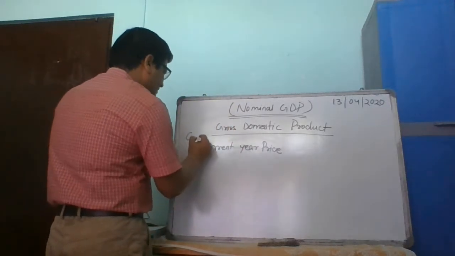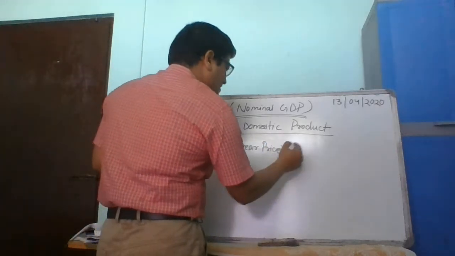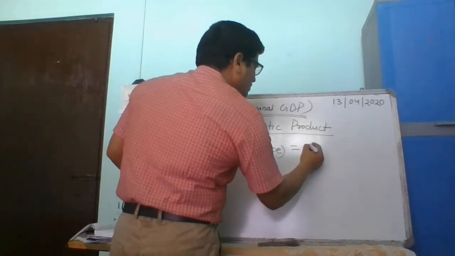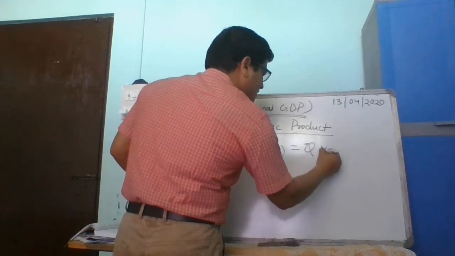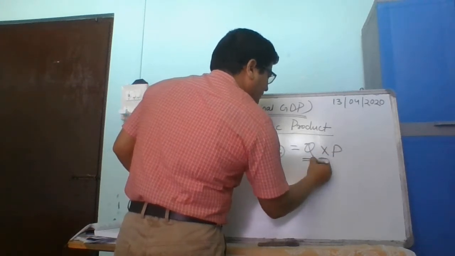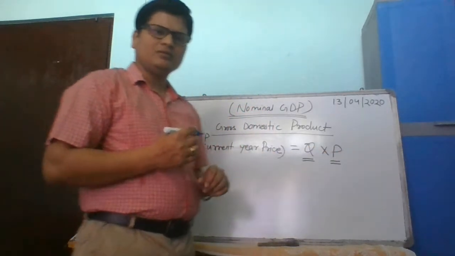So GDP at current year price, or nominal GDP, is equal to quantity produced Q multiplied by P. What is Q and what is P?